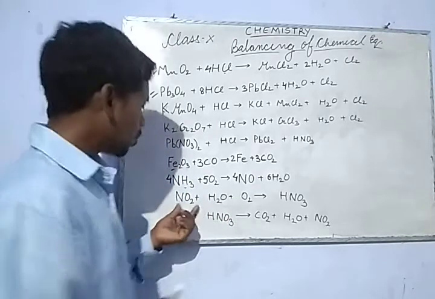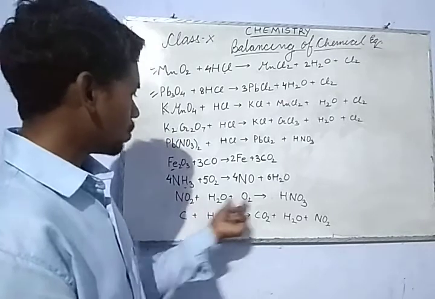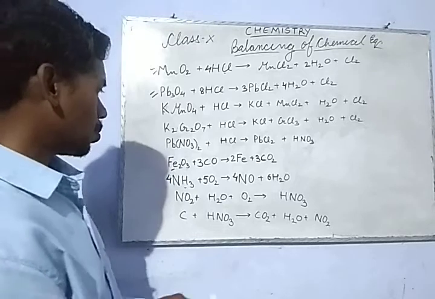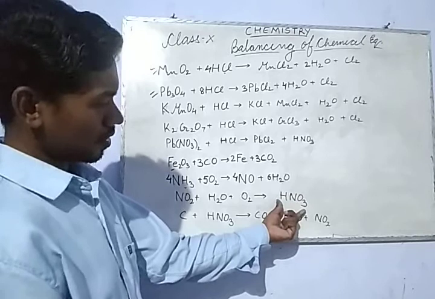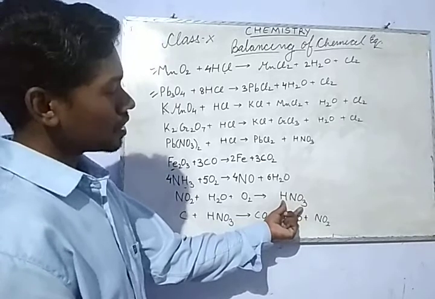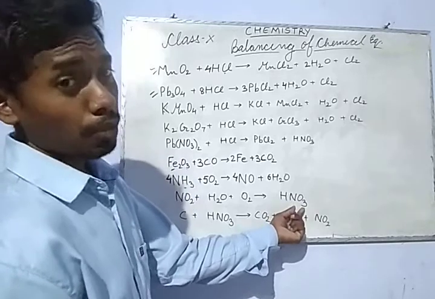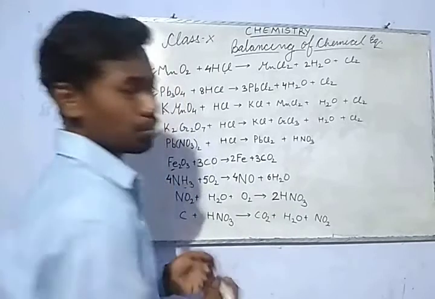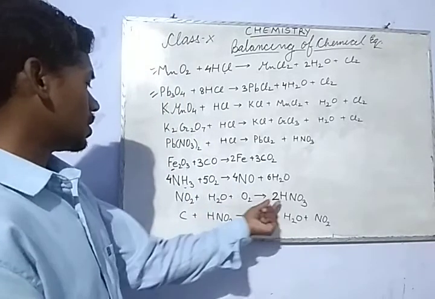Okay, now we go for the next one. NO2 plus H2O plus O2 gives HNO3. On the left hand side again, the oxygen is an odd number. So we need to make it even. Then we see the number of hydrogen.